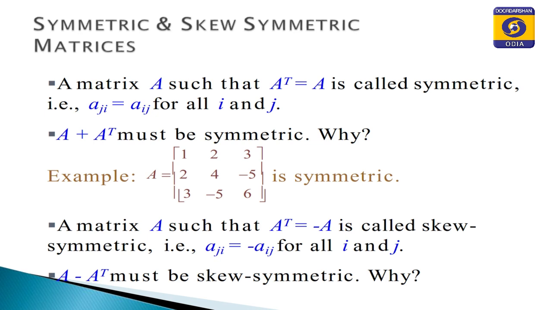What is a skew symmetric matrix? A matrix A is said to be skew symmetric if A transpose is equal to -A. That means a_ji is equal to minus a_ij. A minus A transpose must always be skew symmetric.